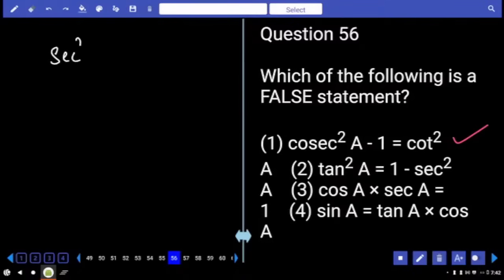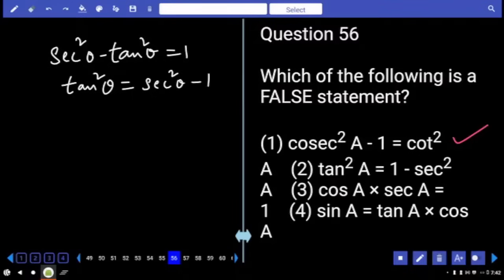Secant square theta minus tan square theta is equal to 1. From this, tan square theta should be equal to secant square theta minus 1. But what is here? 1 minus secant square theta. Is this true statement? No. So this is our final answer.